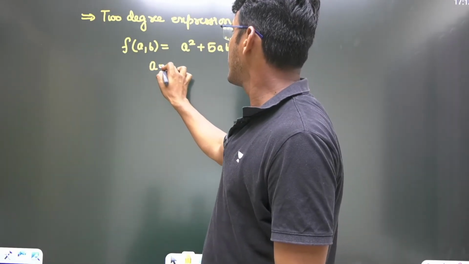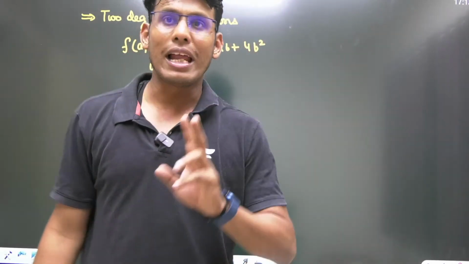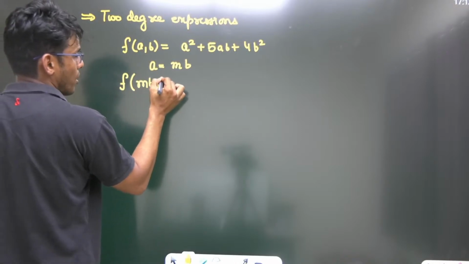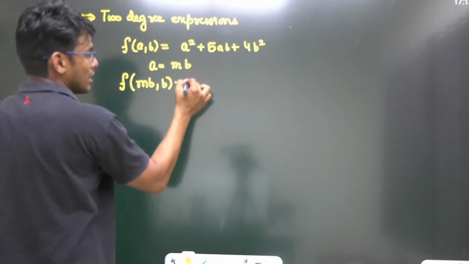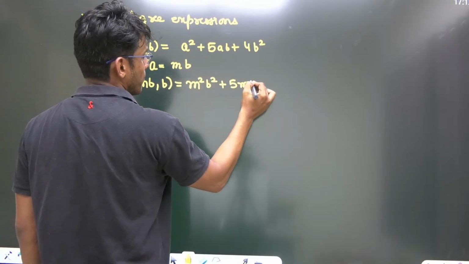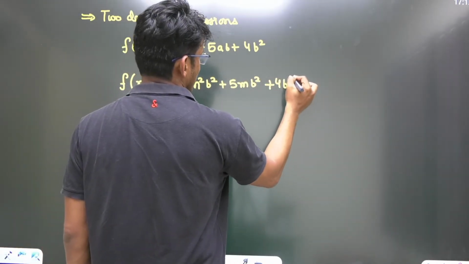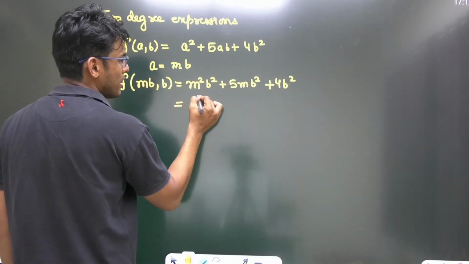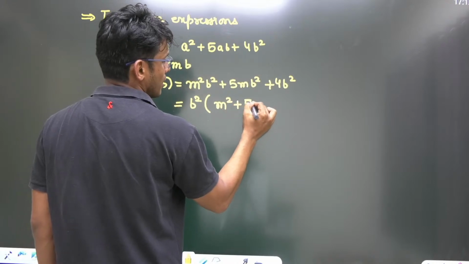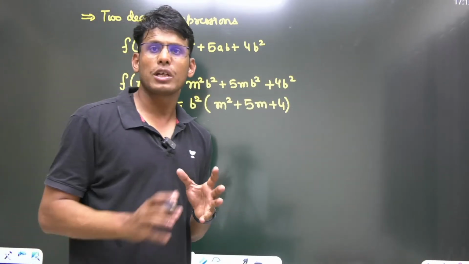Put a equal to mb. How will it help you? Let's see. Everywhere you have to substitute it. So f of mb comma b. This becomes m square b square. This becomes 5m b square. And 4b square. Now, b square is common and you get m square plus 5m plus 4.